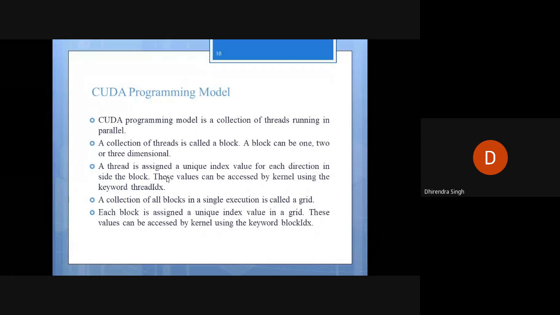Now, when a block is created and that thread block has 100 threads inside it, every thread inside that block will have a unique id, which we have seen in the kernel function. That unique id will be accessible by threadIdx.x, and the unique id for a thread inside a block starts from 0.